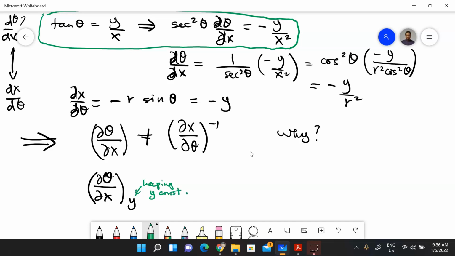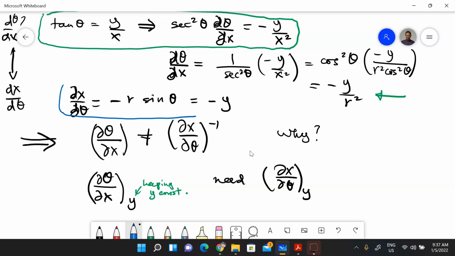And then you get this expression. If I really want to be consistent, I would also need to find out partial x partial theta with y kept constant.